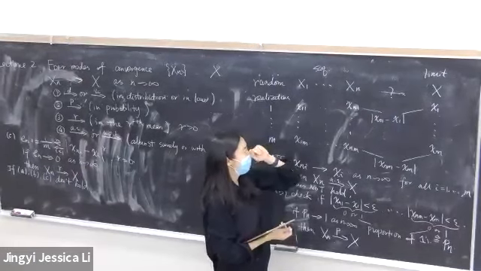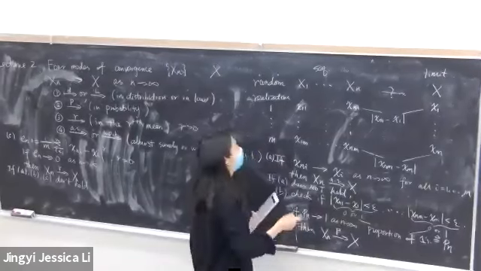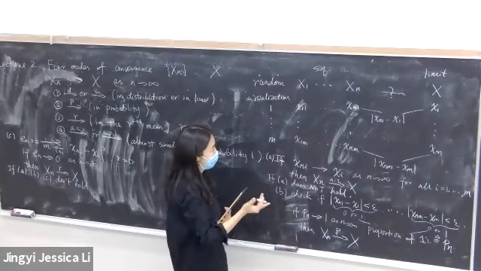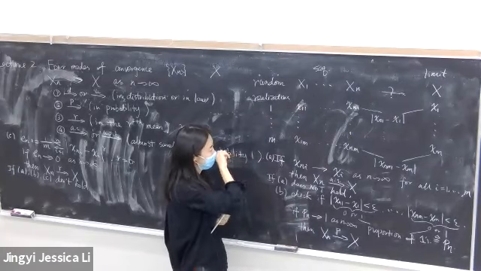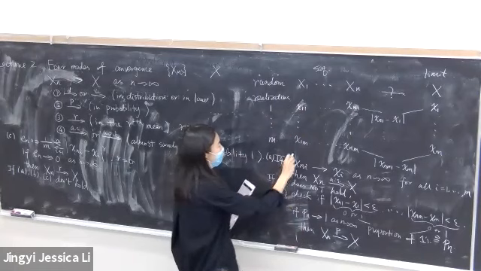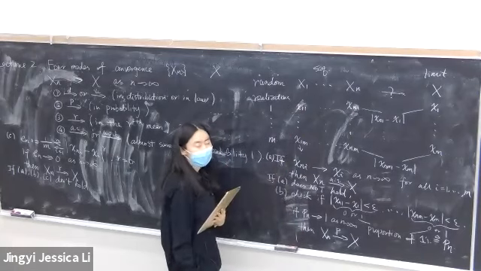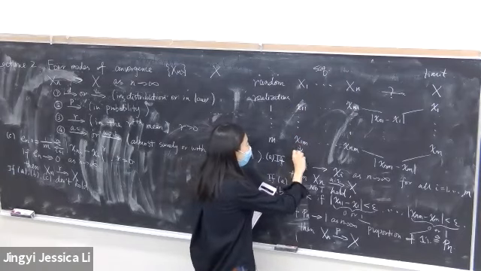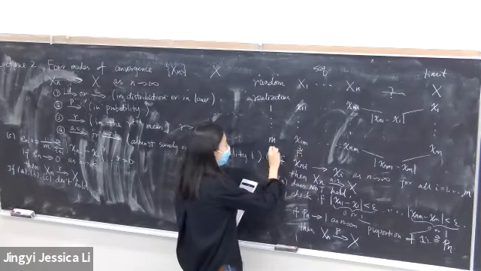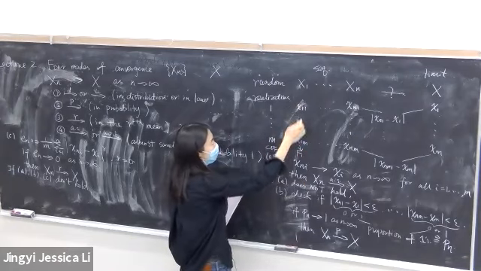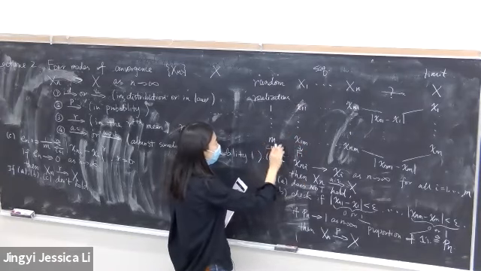So for the last one, we just look at the distribution for each of X1 to Xn. So in other words, from here I'm going to get a distribution. I call this F1, the CDF, the distribution across the realizations.